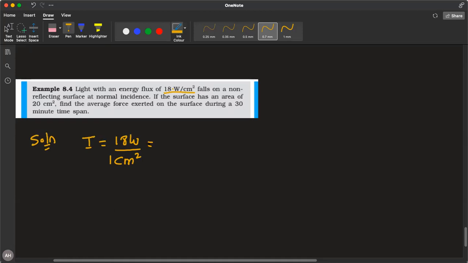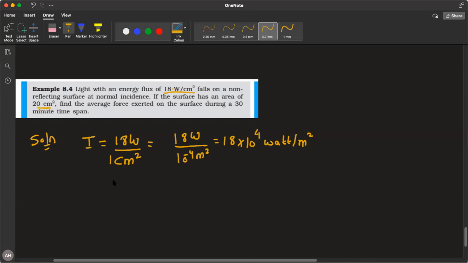Now, can you convert centimeter into meter? 1 centimeter square is 10 raised to the power minus 4 meter square. So you can write this as 18 into 10 raised to the power 4 watt per meter square. That's the intensity.